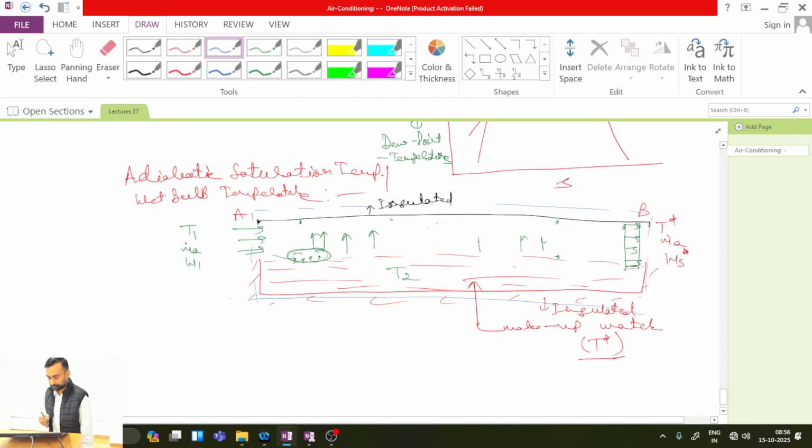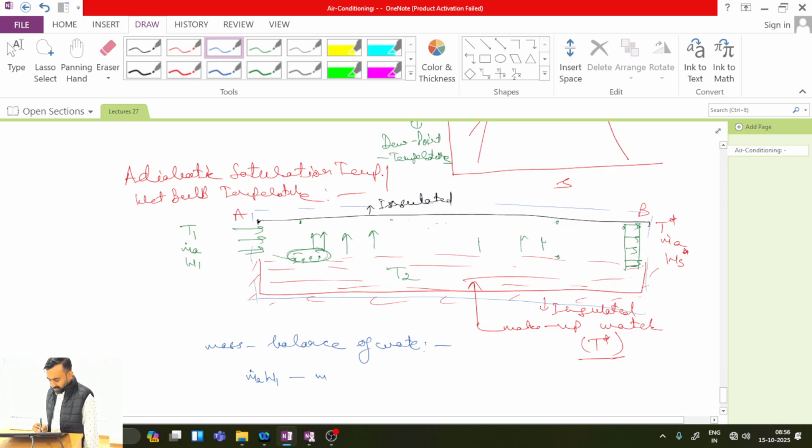Please tell me, if I write the mass balance of water, what is the inlet mass of water here? The mass flow rate is m dot A into W1. That is the inlet flow of water.